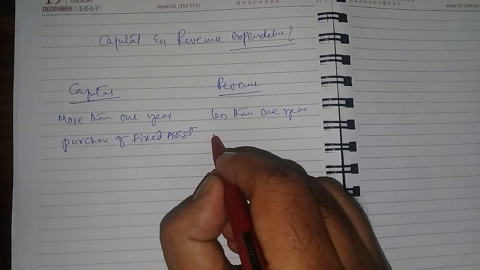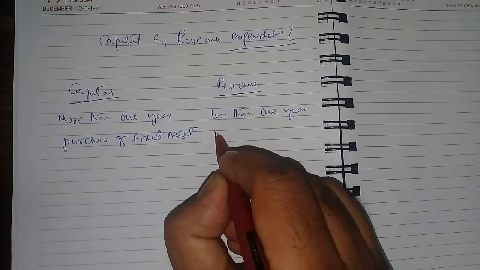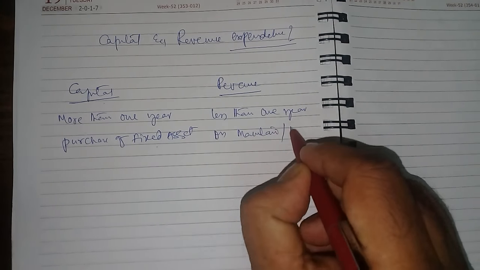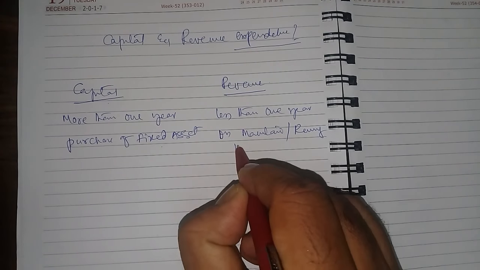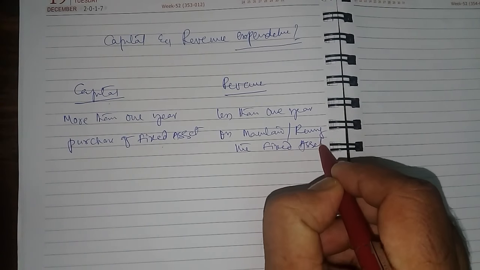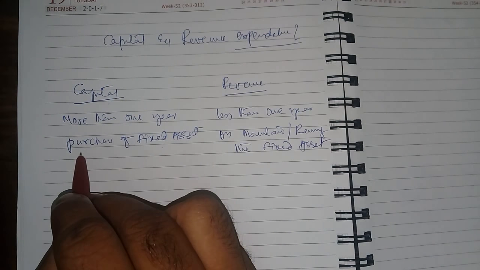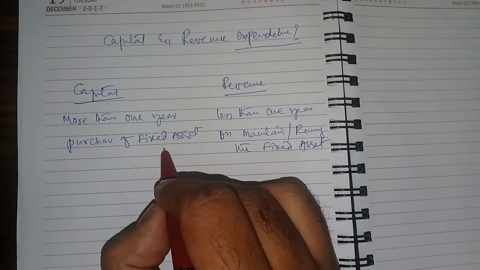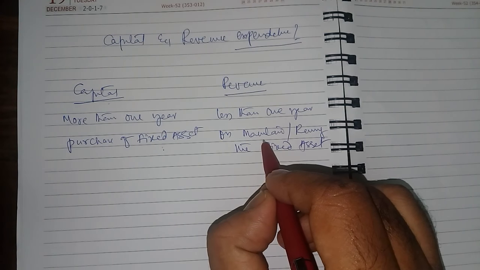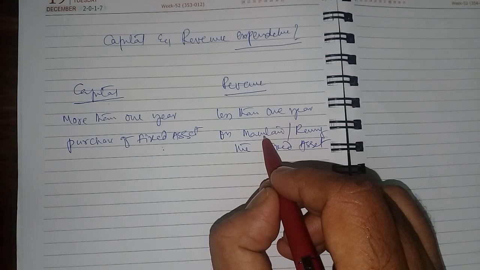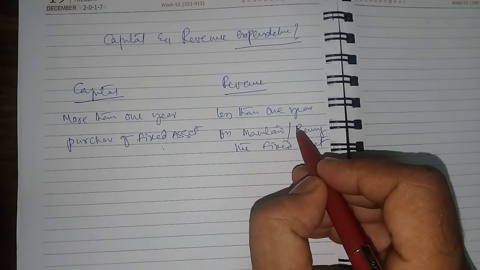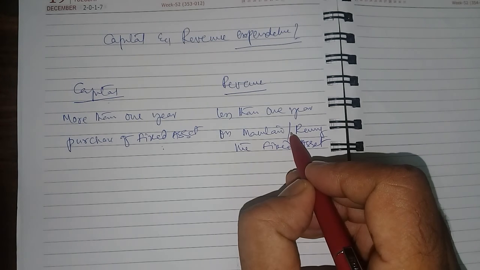And expenditure incurred on maintaining or running the fixed asset. When we purchase a machinery, it is a capital expenditure, but unless we utilize electricity or petrol or diesel, with the help of which we can run the machinery, we cannot derive the benefit.